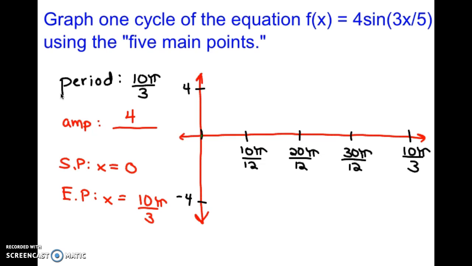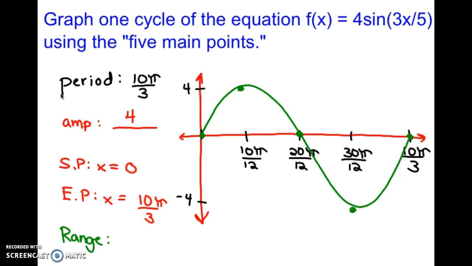So I'm going to go middle, high, middle, low, middle. That should be the graph. At the end, something we found yesterday is the range, which you could list right away. But based on what I have written here, my range, my y values, fall in between -4 and 4.